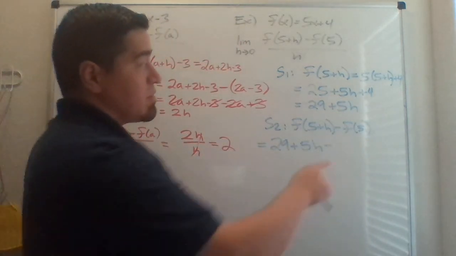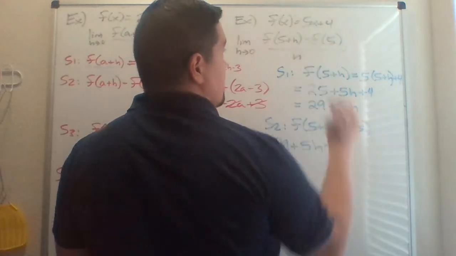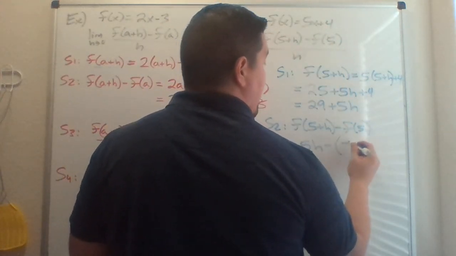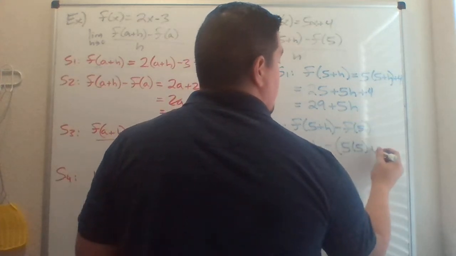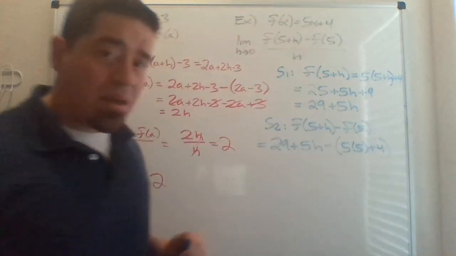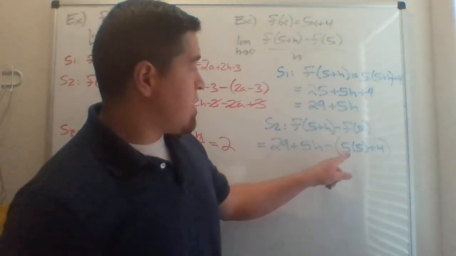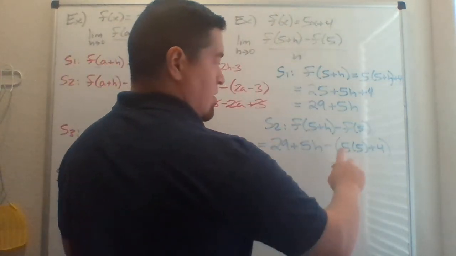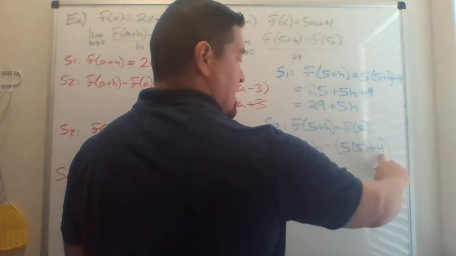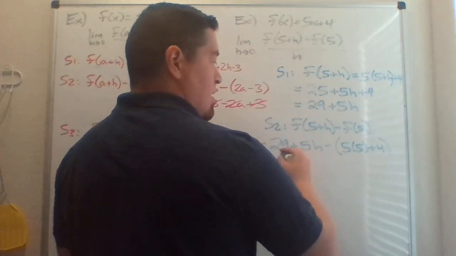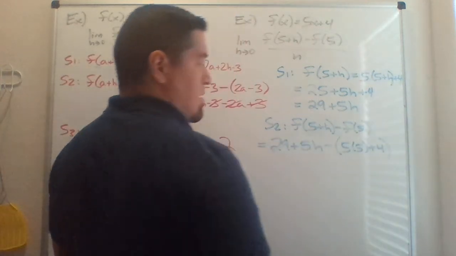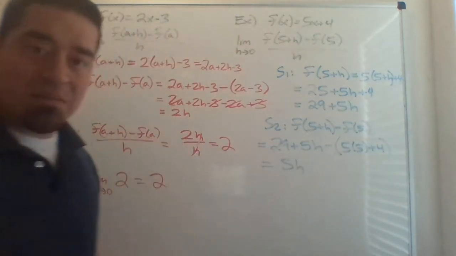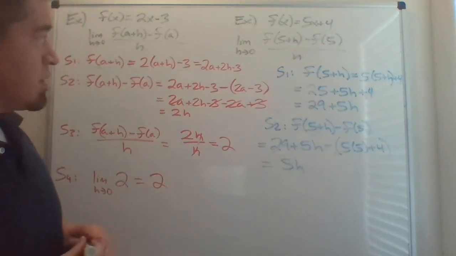F of 5 means plug 5 in to your problem. Remember, you got to put it in parentheses. So 5 times 5 plus 4. Okay, so 5 times 5 is 25 plus 4 is 29. Hopefully you're okay if I skip this step, but that's 29 and that's 29, and that's minus. So in other words, let's just cancel. Save myself some writing there. That's 5h. So that's step 2.